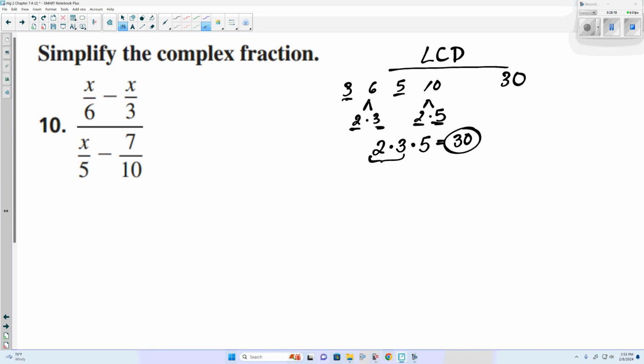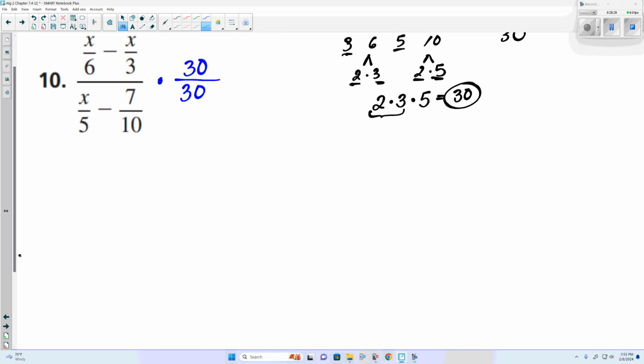Which means for us here, we're going to multiply the top and bottom of this by 30 over 30. Still have 6, still have our 3, still have our 5.